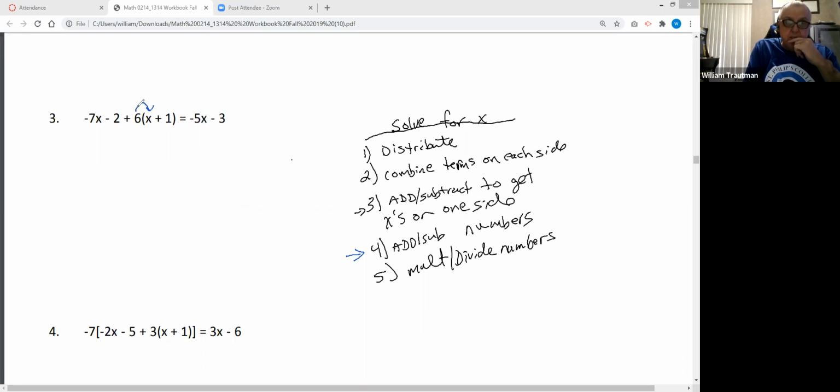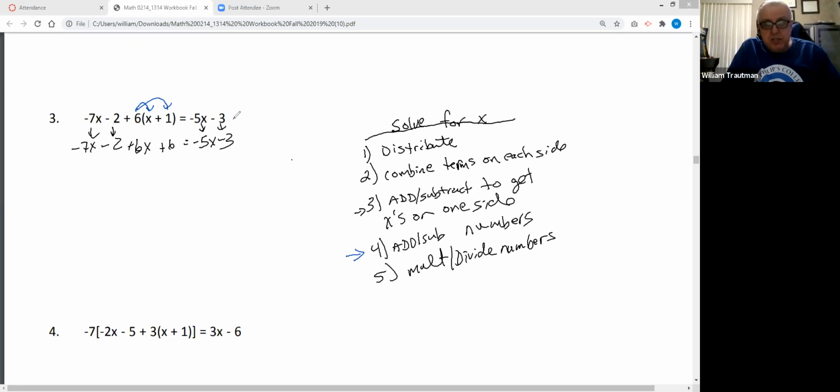There's a number outside of a parentheses, and we're going to distribute. 6 times x is 6x. 6 times 1 is 6. Then I just bring everything else down. I distributed it and brought everything else down.